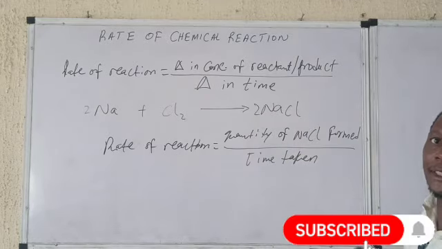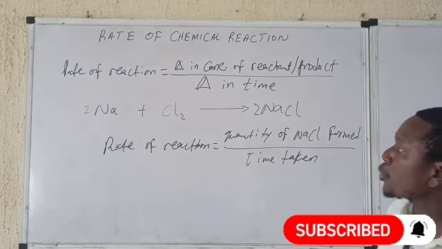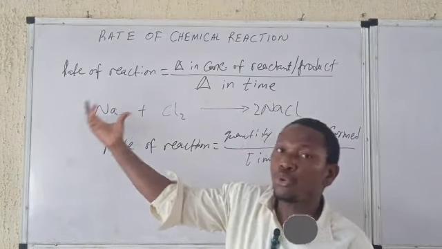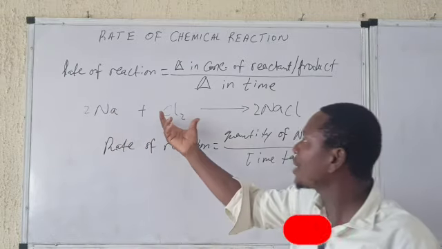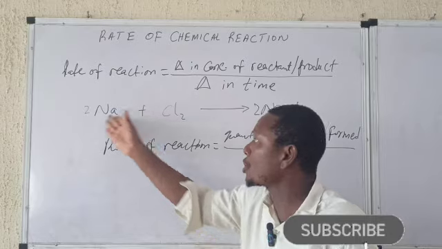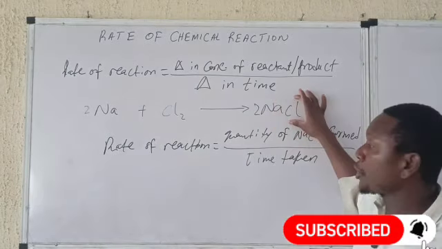I'm just rewriting a very simplified version. Or we can also put the quantity of this that is consumed, over the time taken for the quantity of this to be consumed. These are the reactants. These are what is reacting with each other. And this is actually the product.